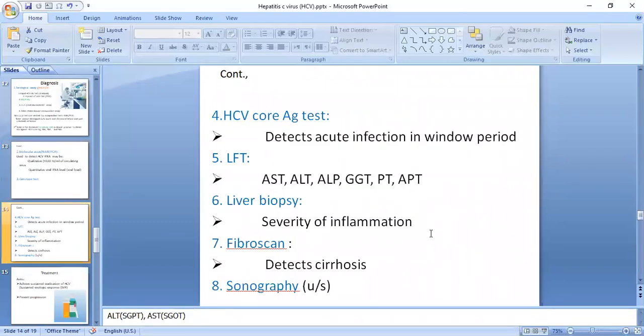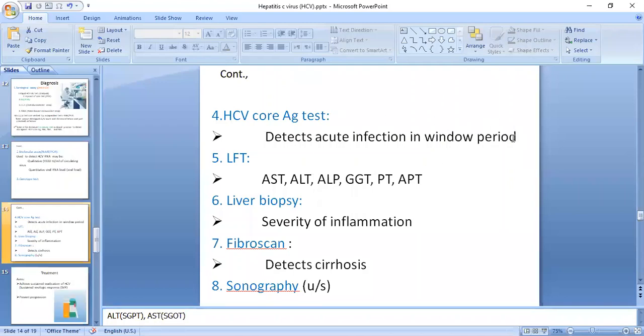The other test which we require is the HCV core antigen test, and this core antigen test detects the acute infection in the window period, when the antigen is present while the antibodies are absent.